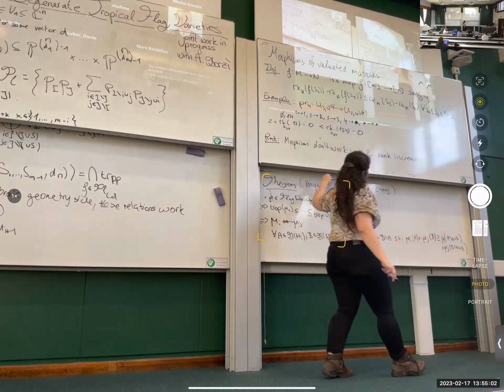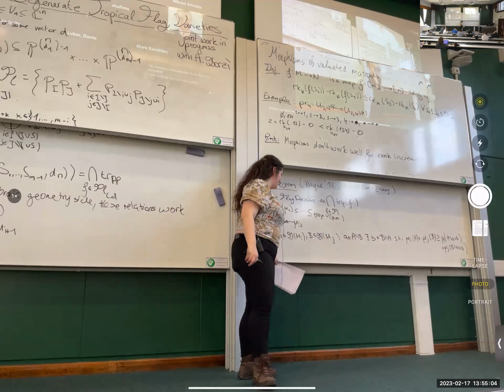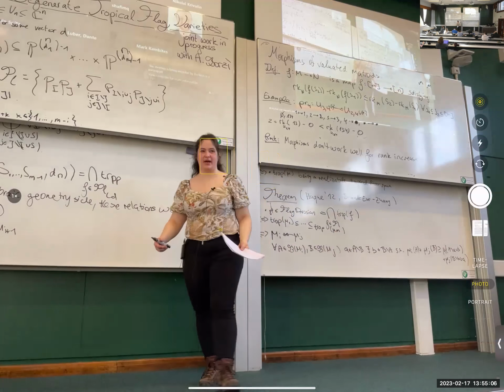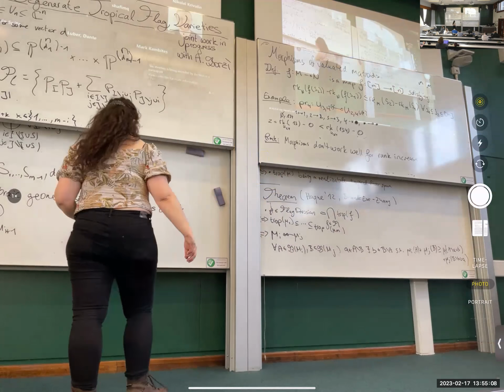You can check that essentially every map where you send something from a lower rank space into a higher rank space will not be a morphism.